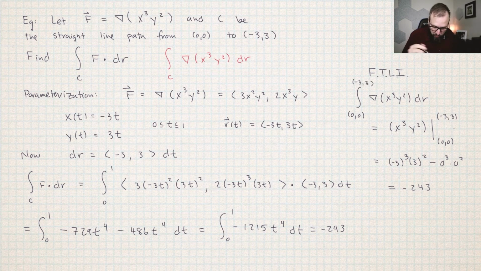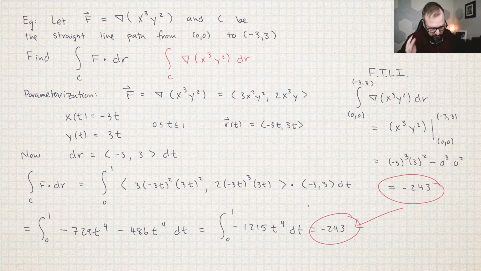And all you need to do, if you want to figure out what that line integral is, is plug those points into the original function and subtract them, just like the fundamental theorem of calculus. And you can see that the theorem does check here. I mean, they can prove it, so it's always going to work. Yeah, so this is just a great thing.